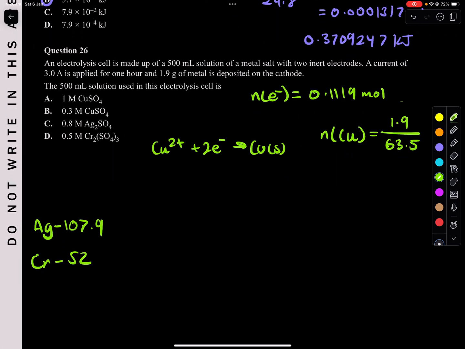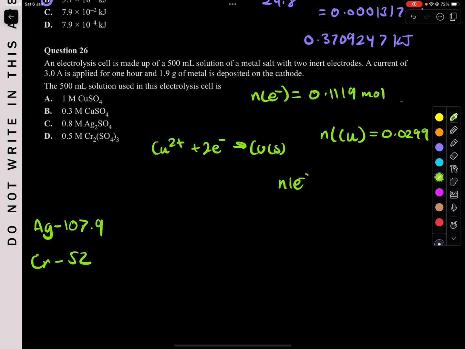So what's 1.9 divided by 63.5? That's going to give me the number of moles, which is 0.0299. Great. If I calculate the number of moles of electrons, it should be equal to this, shouldn't it?